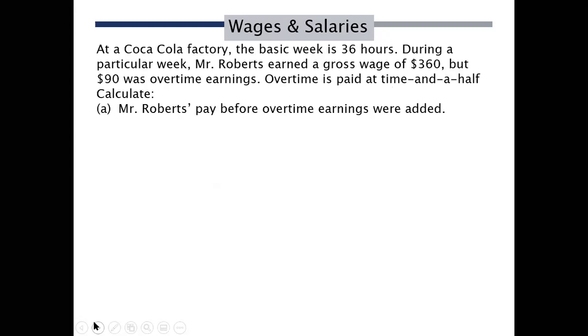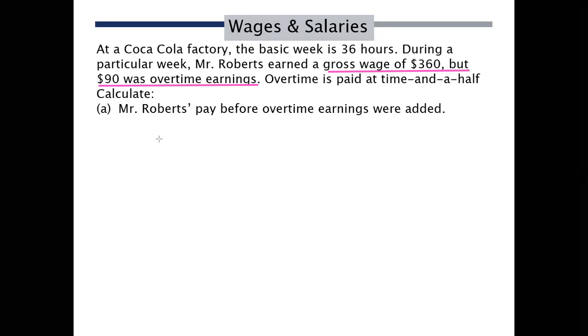All right, so we are first asked to find Mr. Roberts' pay before overtime earnings were added. Again, I'm going to go back to my question and see what piece of information is given to help me work out my answer. And the question told me that his gross wage is $360, but $90 of that was overtime earnings. So I know that he made $360, but of that $360, $90 was overtime.